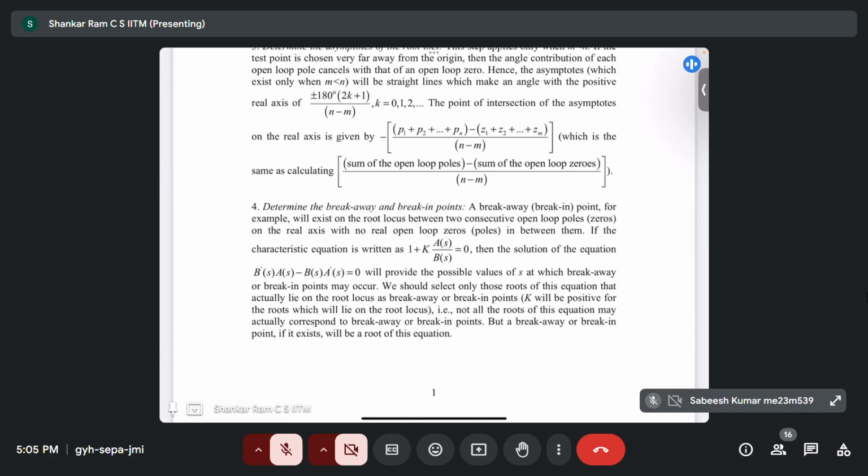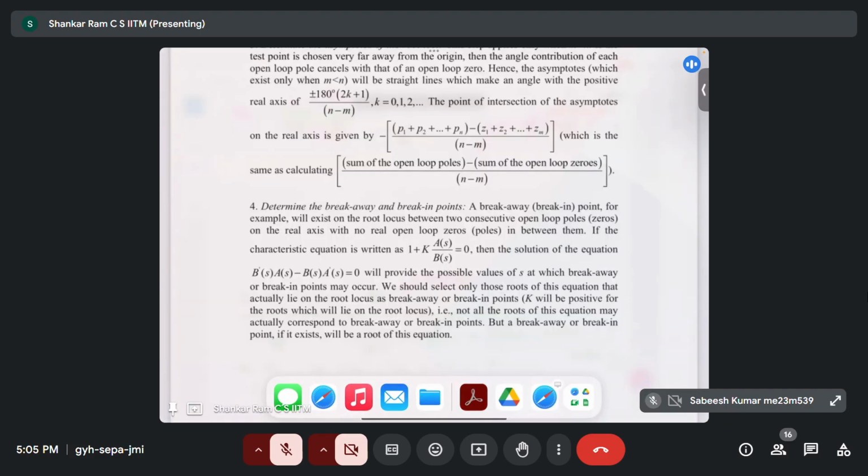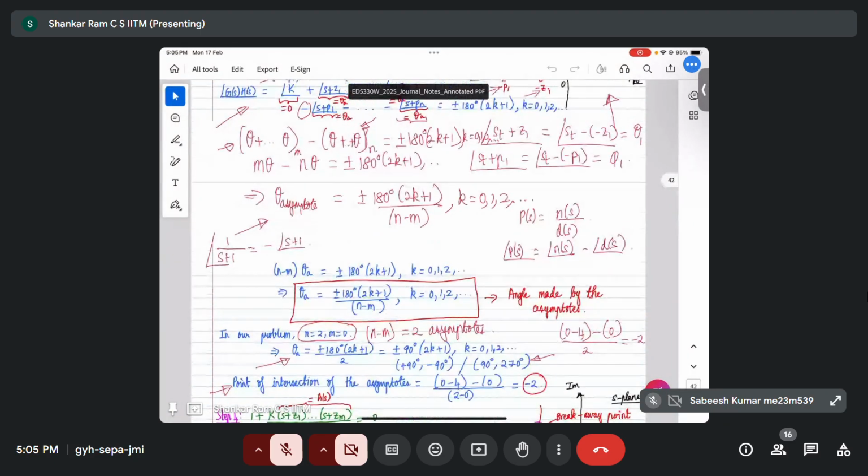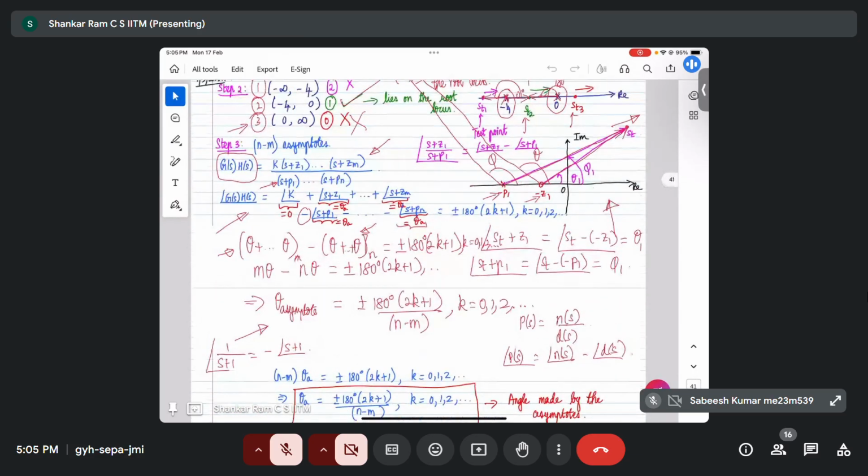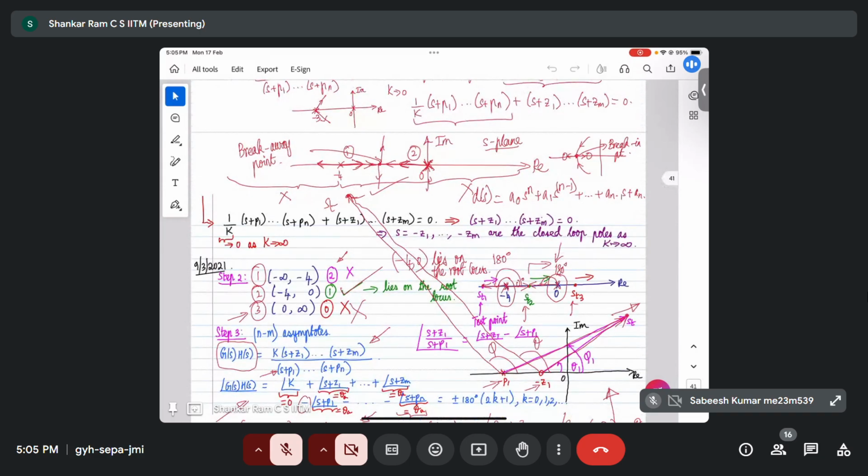So now we briefly started with the fourth step. We briefly understood what a breakaway point and a break-in point are, but let's recap. If we look at a breakaway point, if we have two open loop poles on the real axis, like in this example, -4 and 0, one branch starts from -4 and goes towards the right.